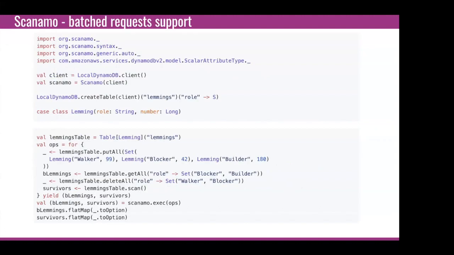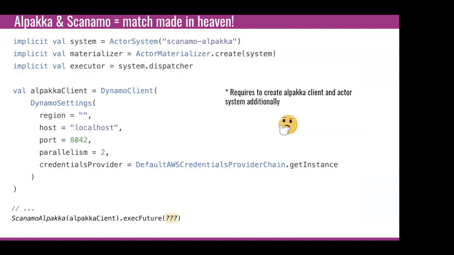But Scanamo supports batch requests. It also supports all operations related to the table items. And they even provide another interpreter that uses Alpakka to allow you to have truly asynchronous operations while working with Dynamo.